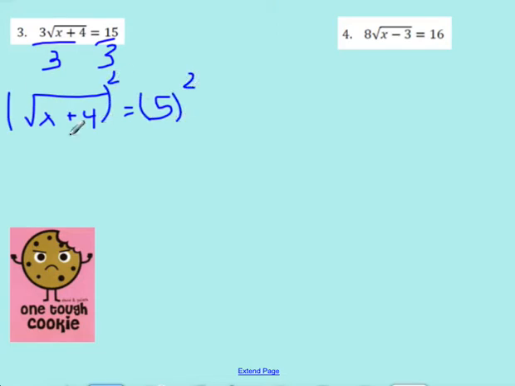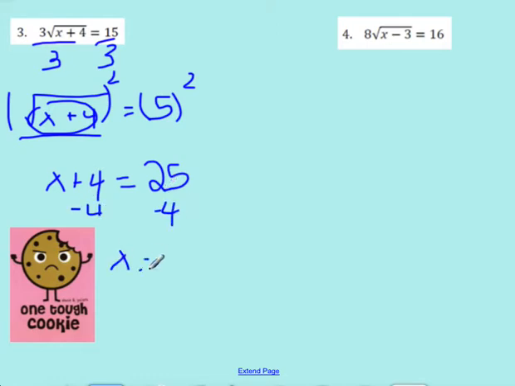On the left side, when I square the square root, I'm just left with what's underneath, that x plus 4. Then I take 5 and square it, and I'm left with 25. Now I'm just going to solve this as if it were a normal equation. I subtract 4 from both sides, and I end up getting that x is equal to 21. So that's my final answer for number 3.